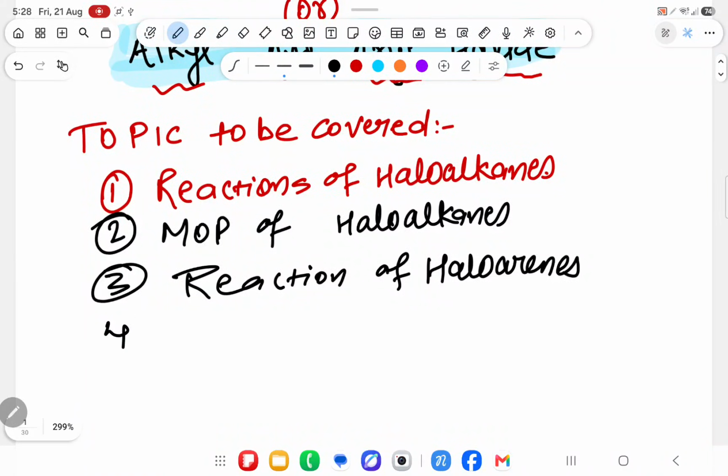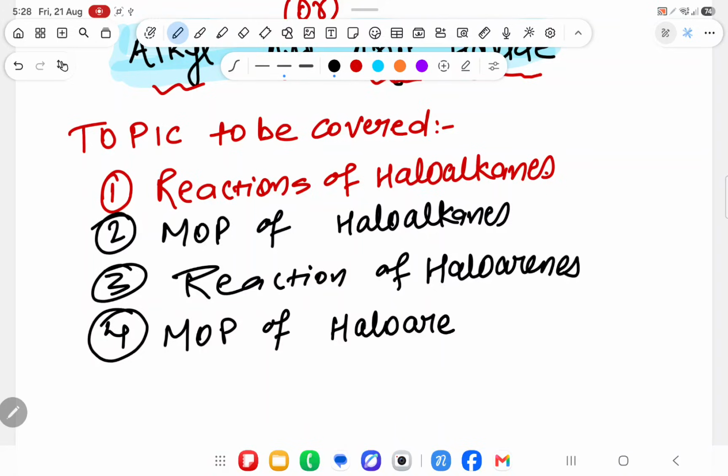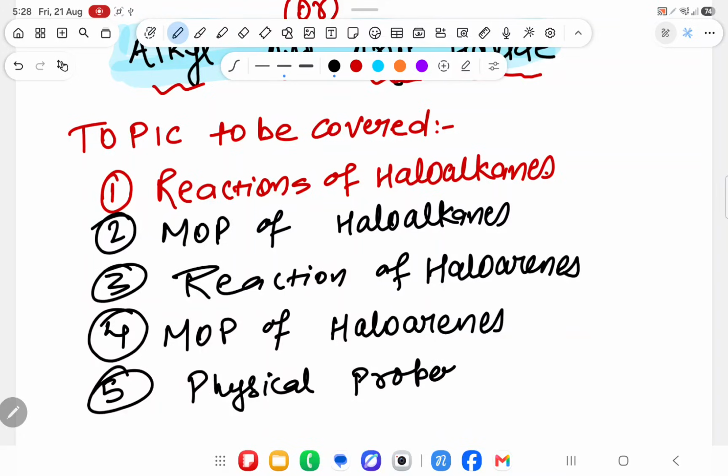Then the fourth topic I will cover is method of preparation of haloarenes. And then the fifth topic I will cover is physical properties of polyhalogens.